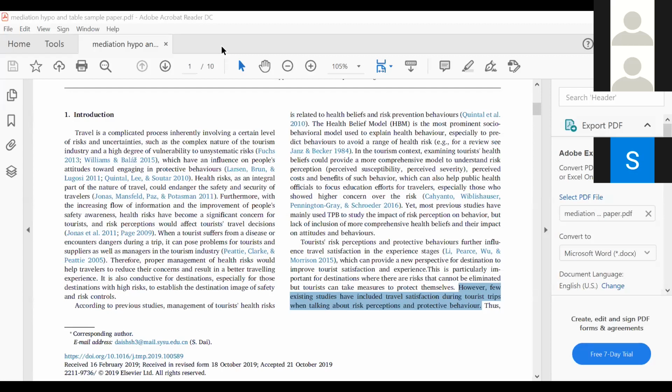ये है gap. और इस gap को लिखने के लिए, to write this gap, many of my students give me this gap as a plain sentence. No, sir. No, you are not allowed a plain statement. You can only write this statement if you have a reference.